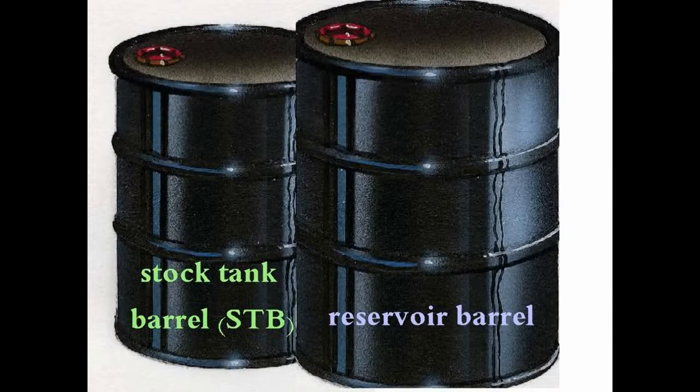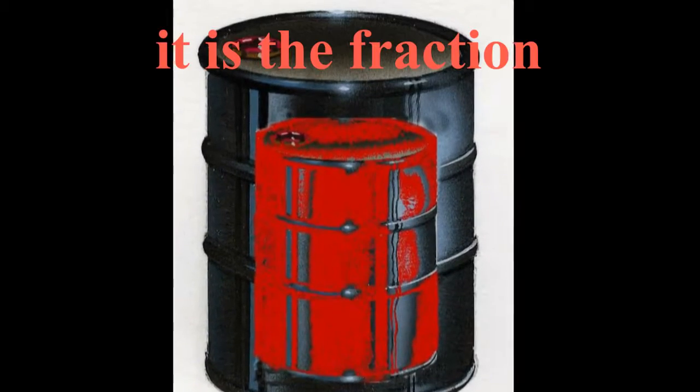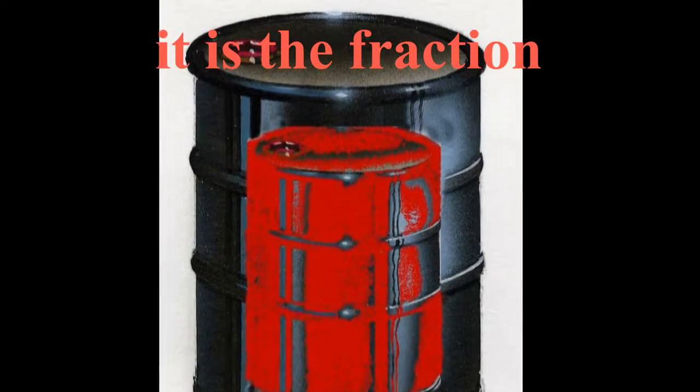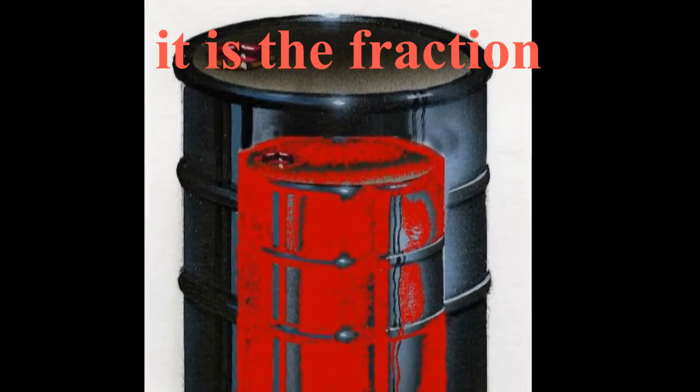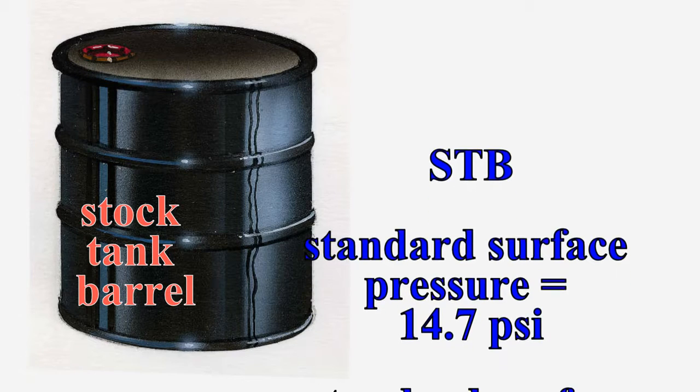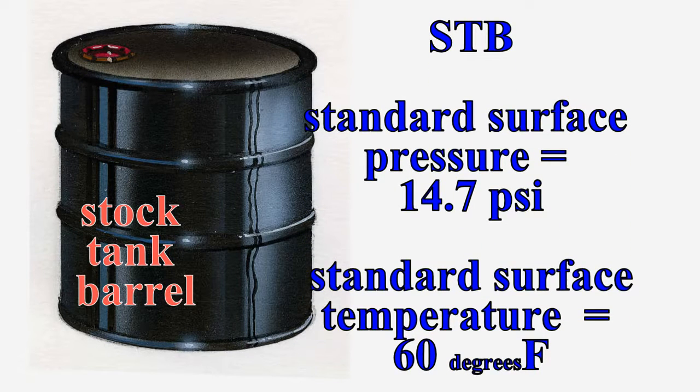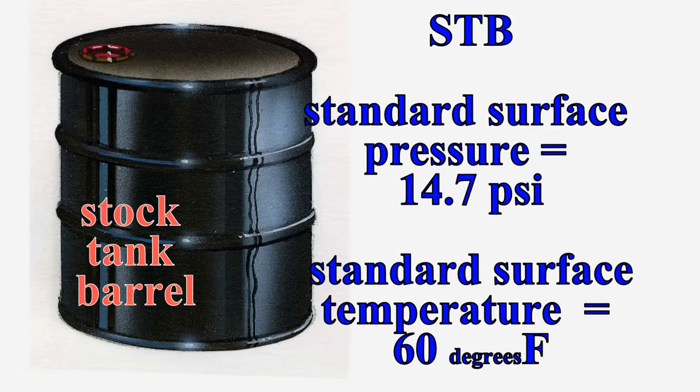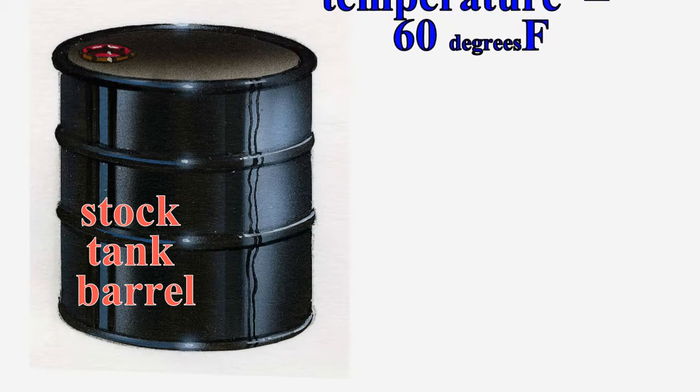It is the fraction of the space occupied by a reservoir barrel of oil to the space occupied by a stock tank barrel, STB, of oil at standard surface temperature and pressure. STB is defined as standard surface pressure at 14.7 psi and standard surface temperature of 60 degrees Fahrenheit.